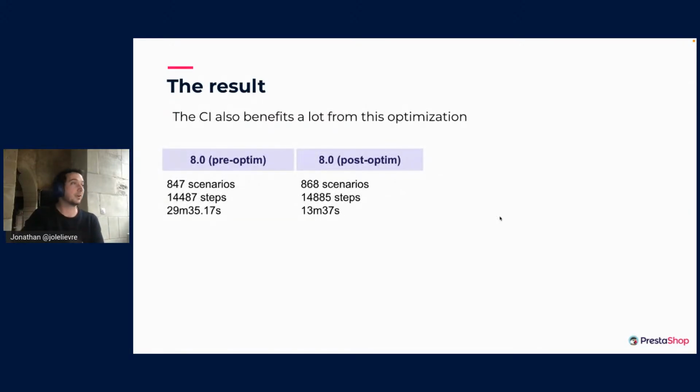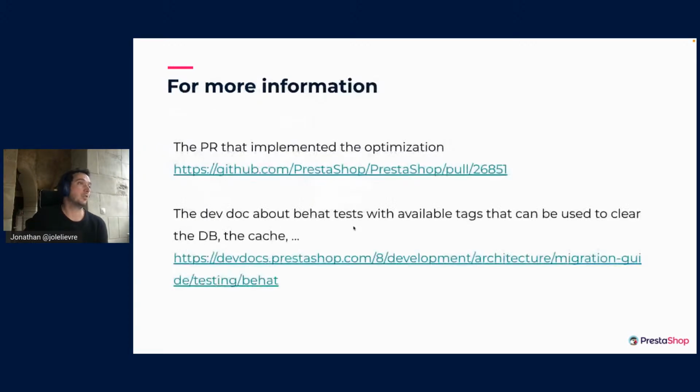So that's the number I was hiding from you. Before the optimization, the scenarios were running in around 30 minutes, and now we are under 15 minutes. So they are running twice as fast with this optimization. So hopefully it's a gain for now and for the future, because we are only going to add more and more Behat tests. So this is a win-win for everyone.